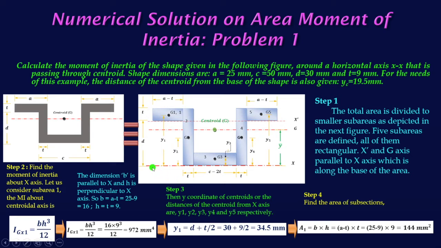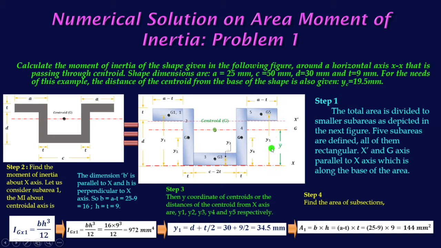So about this x-axis, we have calculated the area moment of inertia Ix of the entire area. But we have to find the area moment of inertia of the entire area about the centroidal axis, this. But we don't know the position of the centroid. So first, we have to find y bar, the value of y bar.